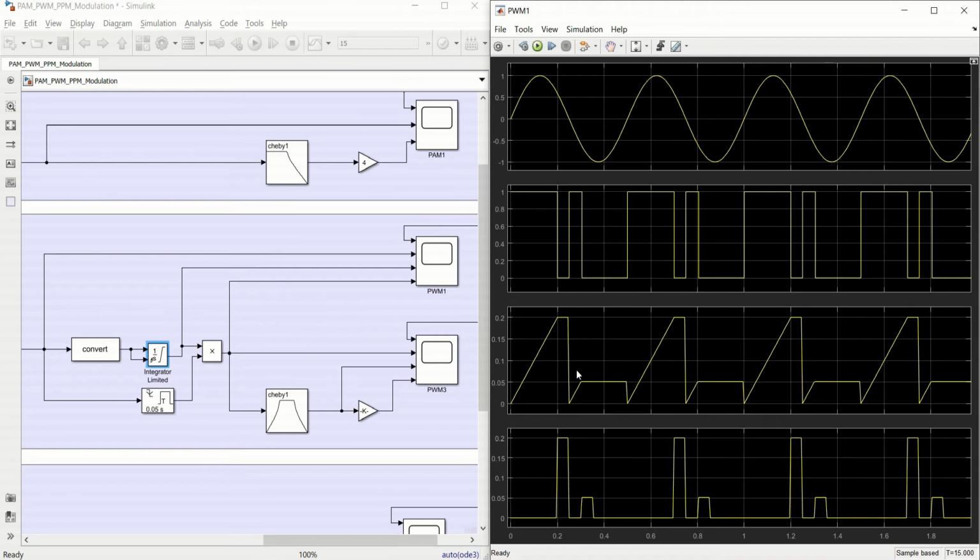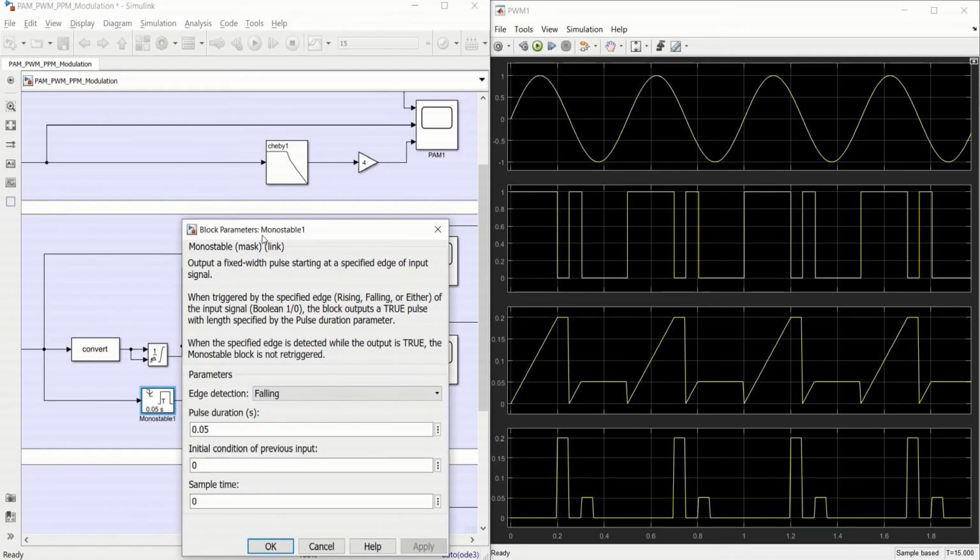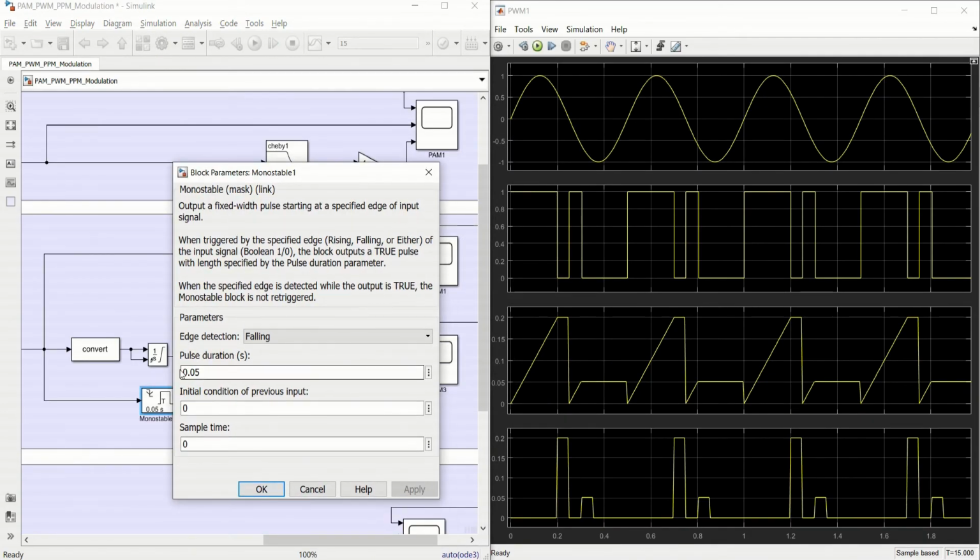Now to convert this signal into an equivalent PAM signal, we need to chop off the undesired values, and for that we want to get rid of these values which are increasing, and we are interested in these stable values, right? So what we do is we multiply this third waveform by using this block, and what we multiply with is this monostable, right, having a pulse duration of 0.05.